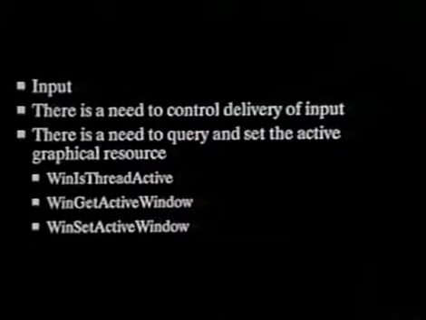You can also control the mouse and keyboard input on a broader level by finding out which window is currently processing input by using get active window, and you can change the window that is using input using win set active window.